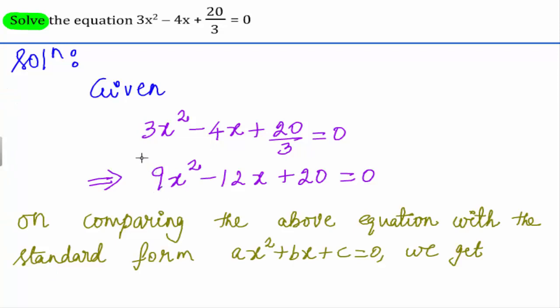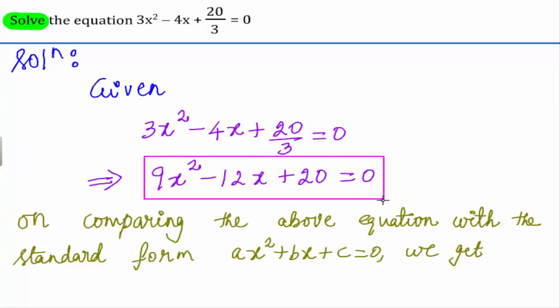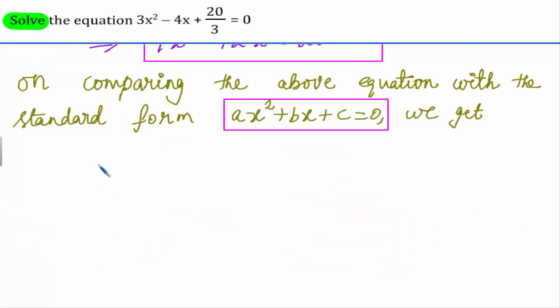Now, by comparing this equation with the standard form ax square plus bx plus c equal to 0, we get a is equal to 9, b is equal to minus 12 and c is equal to 20.